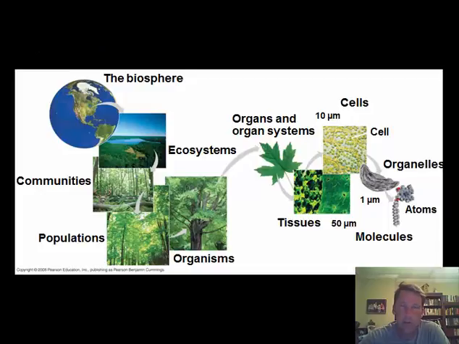So here's an example that shows looking at plants and trees. So a biologist can study these trees at an organism level. That would be right here, the tree. Or we could go down to the smaller levels of that tree, like the structures of the tree, the leaves, stems, or leaves.